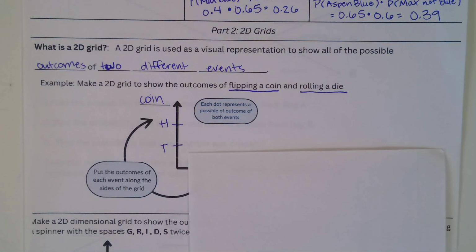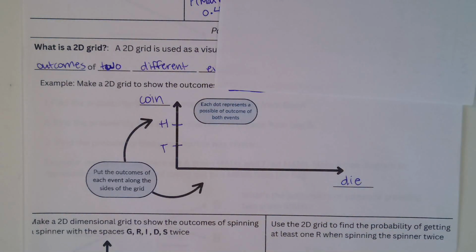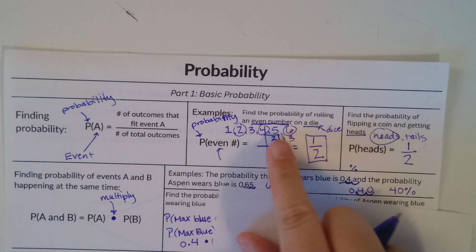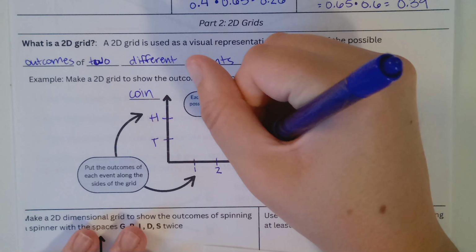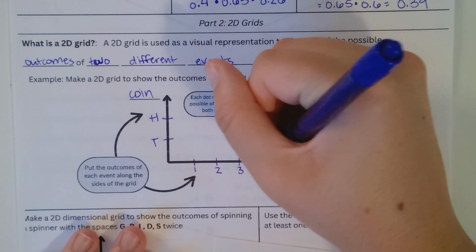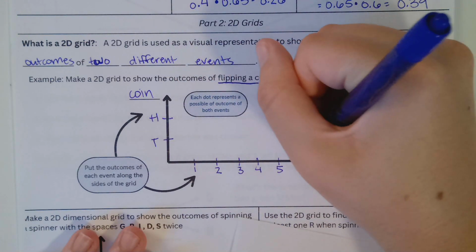Awesome. That's it. Heads and tails. I just do H and T because it's easier to write. Down here at the bottom for a die, when we roll the die, we already talked about that earlier. That's the 1, 2, 3, 4, 5, and 6. So I know I could possibly get a 1, a 2, a 3, a 4, a 5, and a 6.